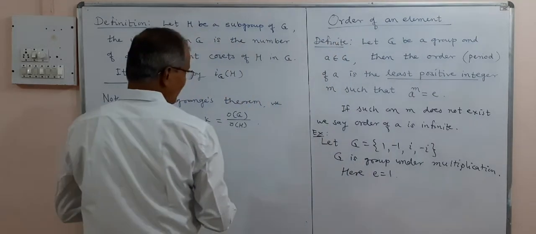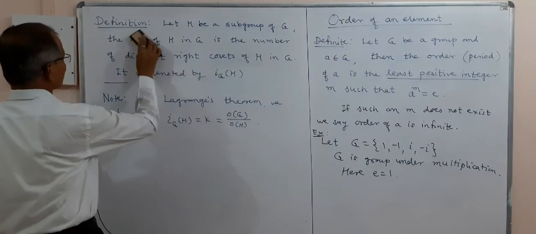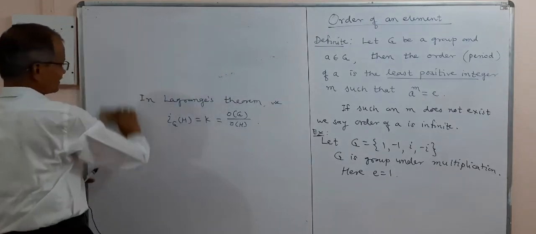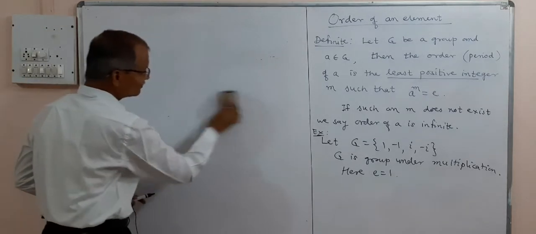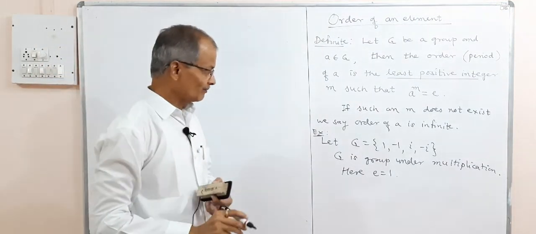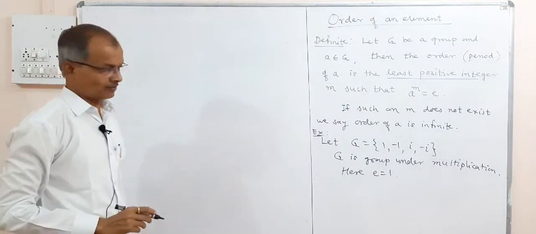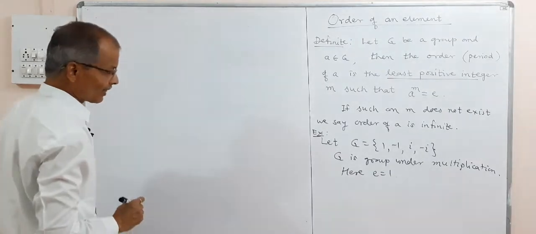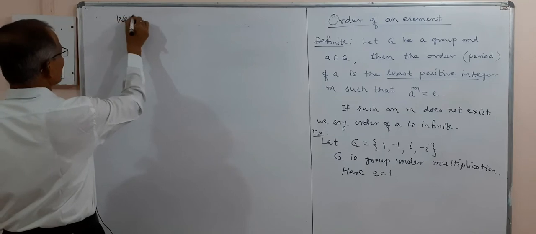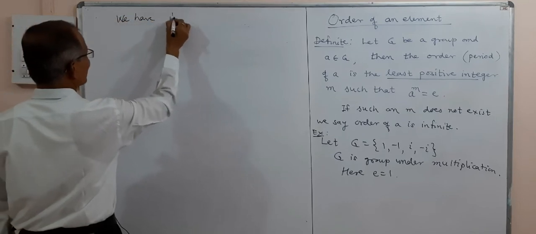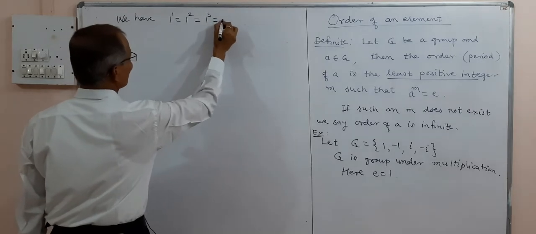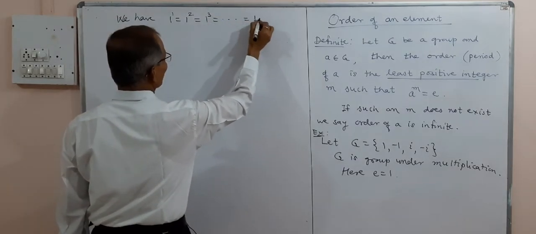And therefore, what will be the order of 1? Which power of 1 is equal to 1? We know all integer powers of 1 are equal to 1 itself. So 1 to the power 1, 1 to the power 2, or 1 to the power 3 are all equal to 1.